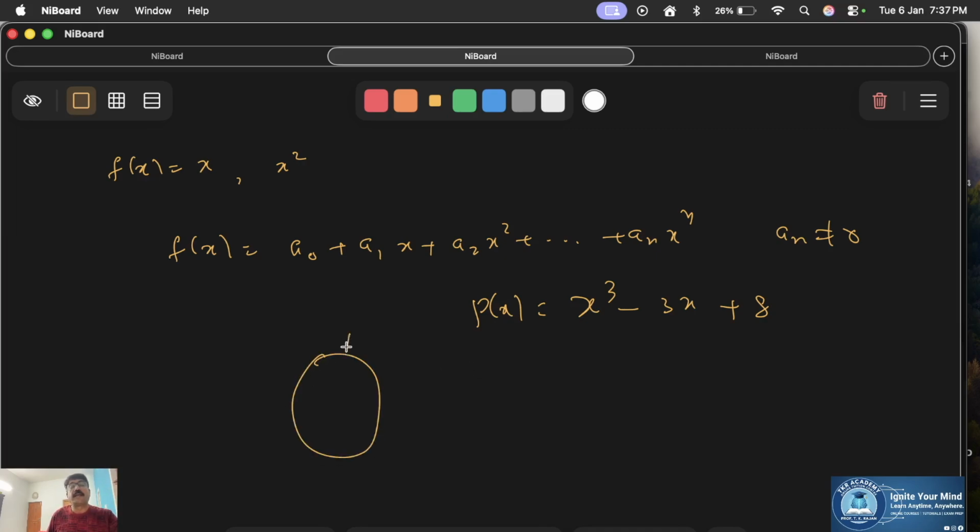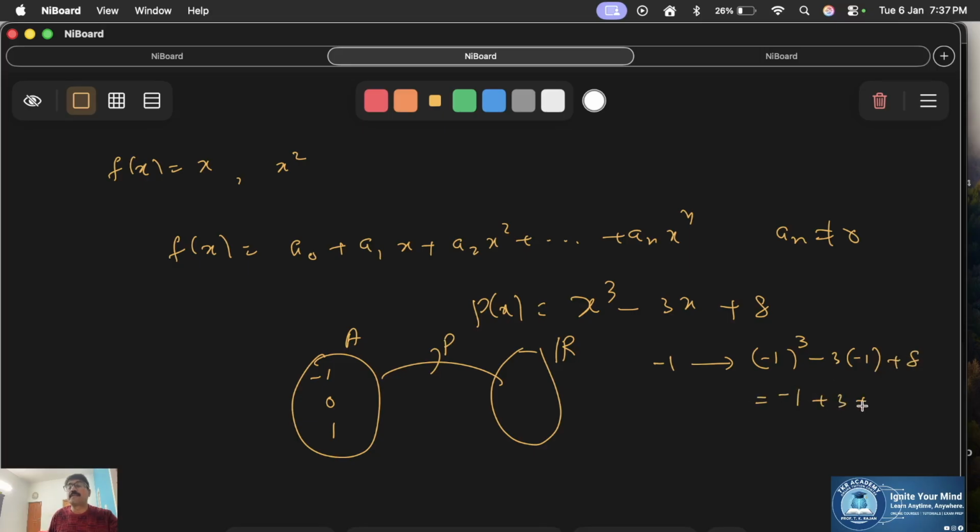Suppose A consists of -1, 0, 1 and p is the polynomial function from A to R. Then you can find its images. The image of -1 is (-1)³ - 3(-1) + 8, which is -1 + 3 + 8, equal to 10. So -1 is taken to 10.